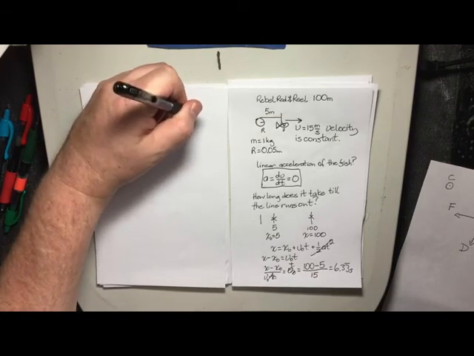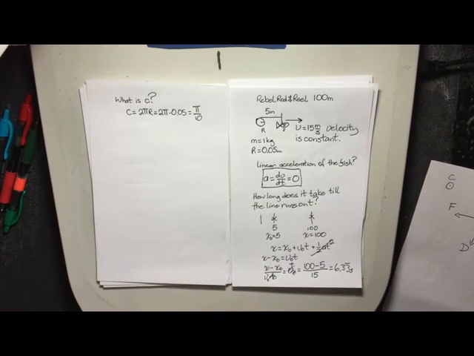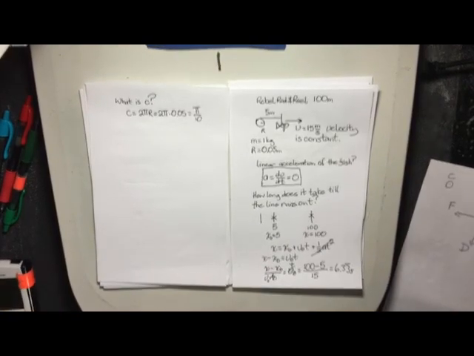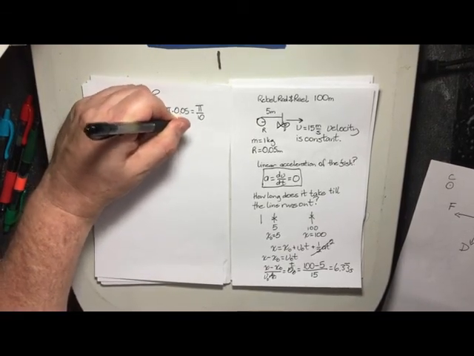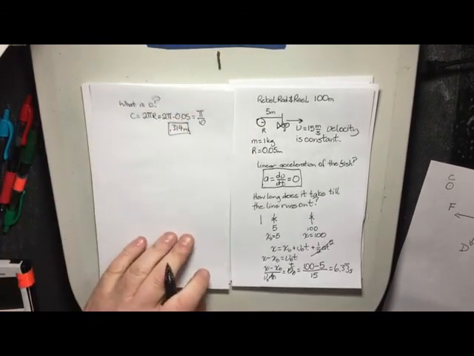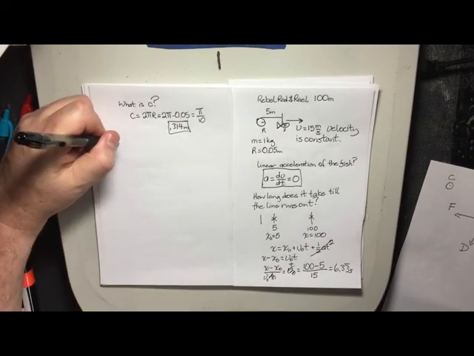Ooh, that's interesting. Pi divided by 10. All right. So the circumference is pi divided by 10, or 0.314 meters.